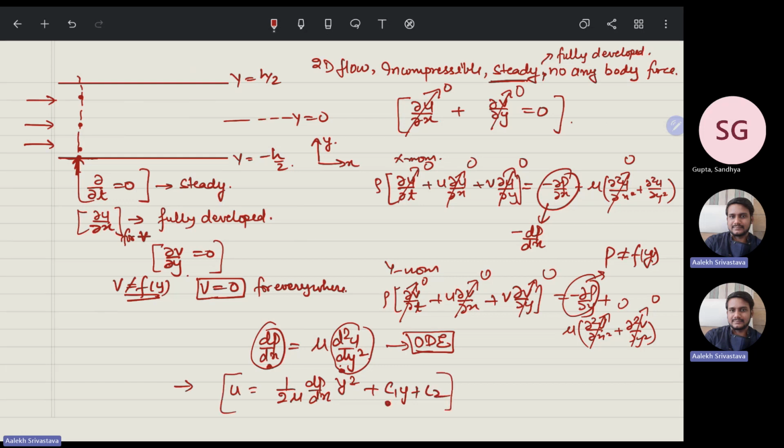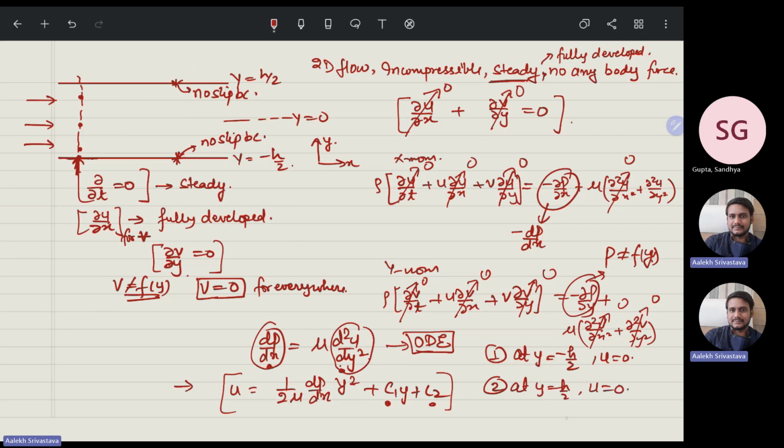Now we have two constants, so we need two boundary conditions. One boundary condition is at y is equal to minus h by 2, u is equal to 0. That means at this point, you have a no slip boundary condition, and similarly for this point also, no slip boundary condition. So the second is at y is equal to plus h by 2, u is equal to 0.